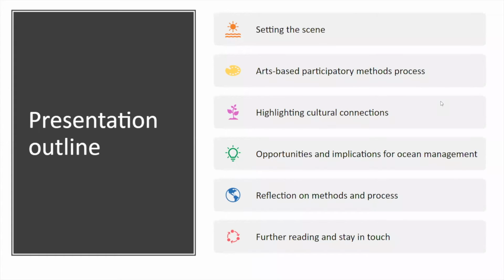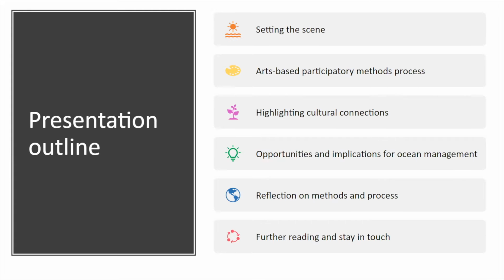So a little bit of an outline. First, I'm just going to set a little bit of the scene. Some of you might know the South African context, some of you don't. So I'm just going to give a little bit of background, and then I'm going to go through the methods, and then go through some of the cultural connections and knowledge that's come through from the research process thus far.